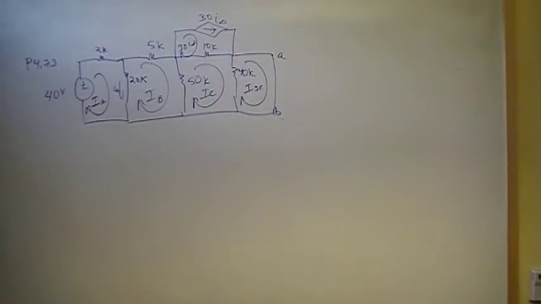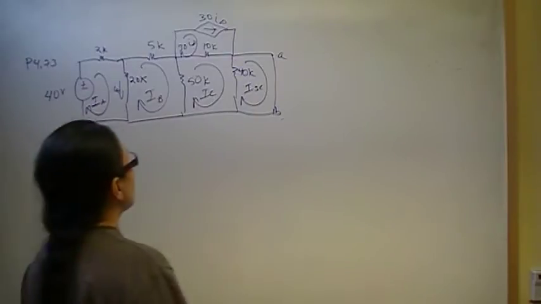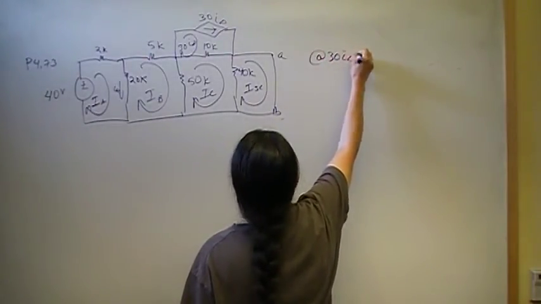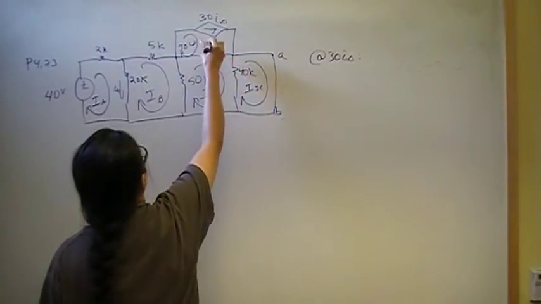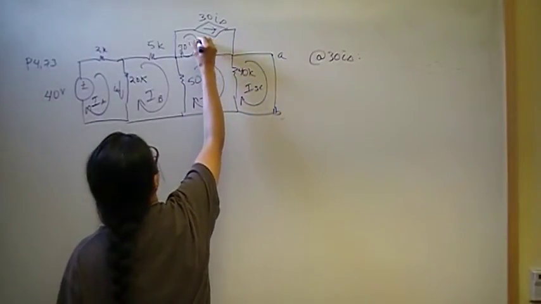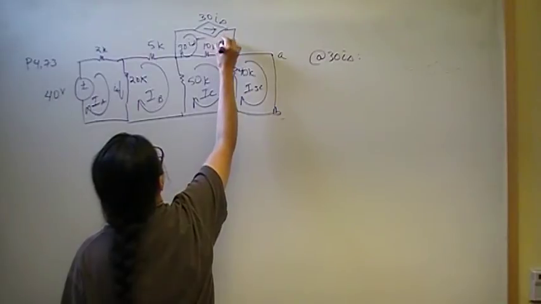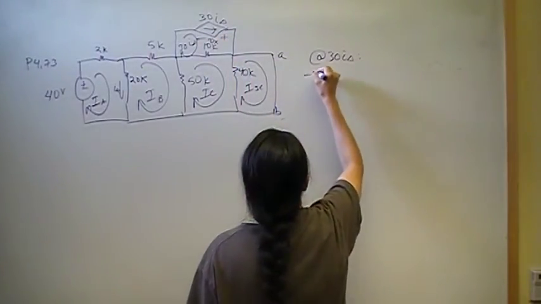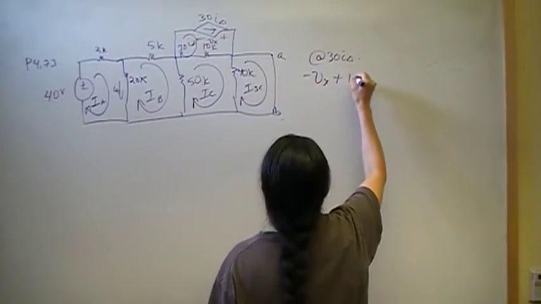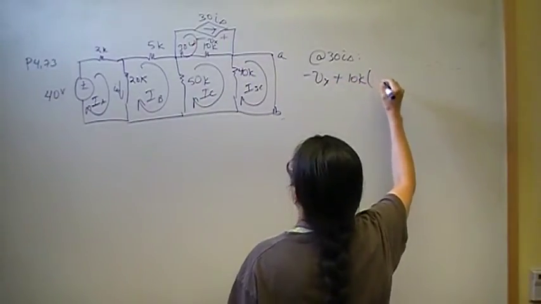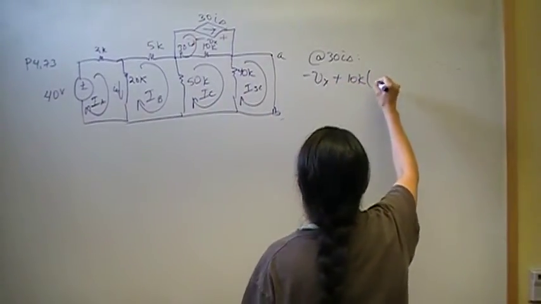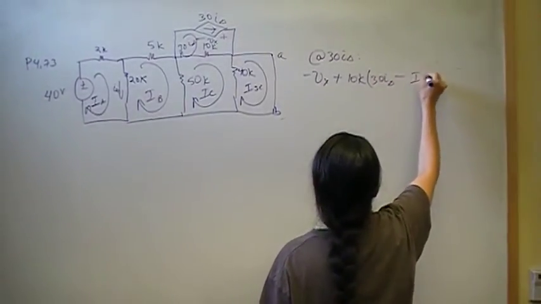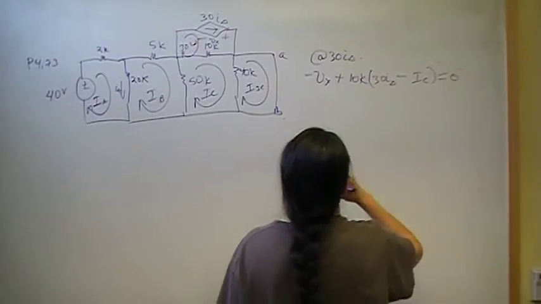Okay, so let's go ahead and write our mesh equations. The mesh at 30I delta is going to give me some voltage drop here, which I'm going to call Vx. The direction of the voltage rise is minus to plus Vx. So I have minus Vx plus 10K times 30I delta minus IC, all equal to 0.